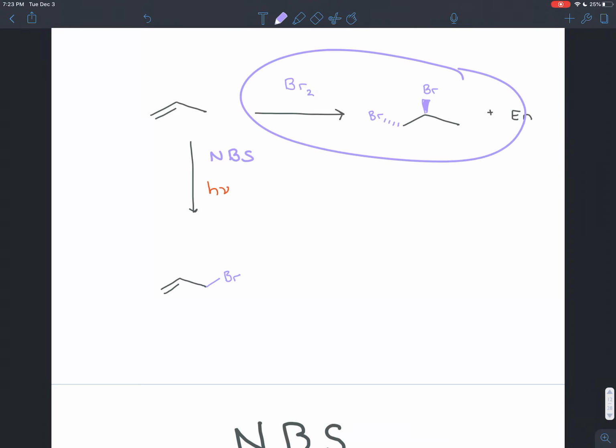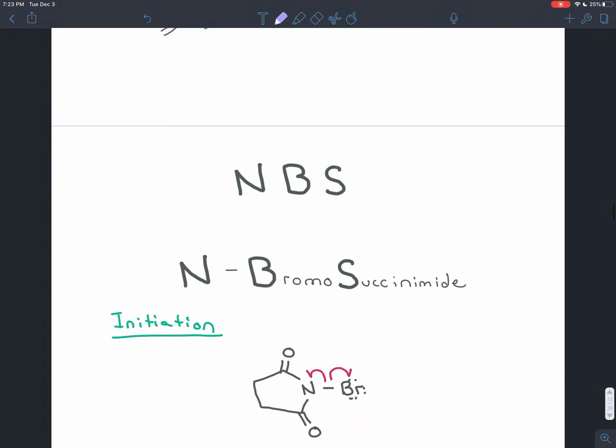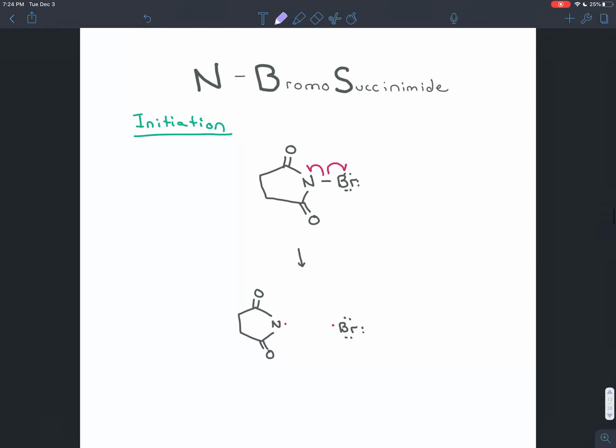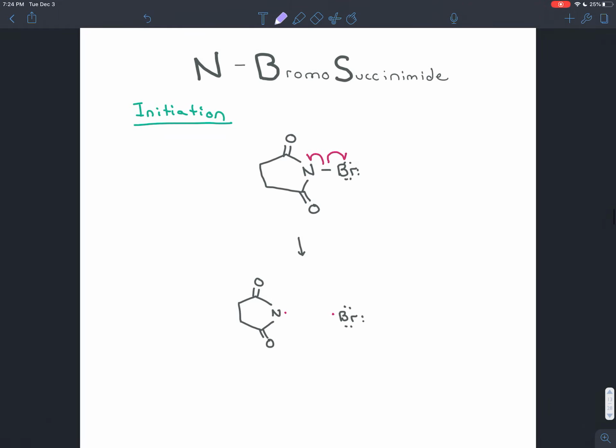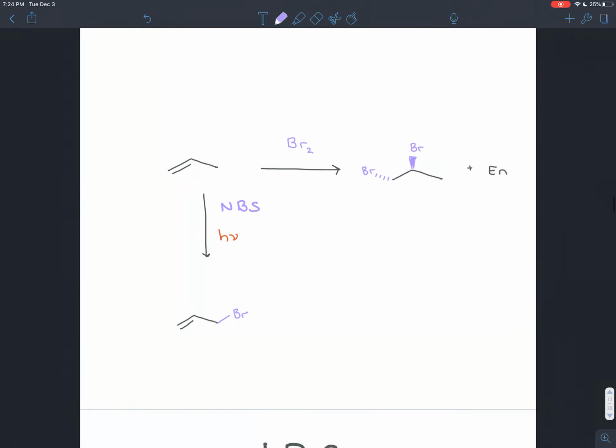You don't get the addition products so much anymore. So that's what NBS is, N-bromosuccinimide. It's a source of bromine radicals, and it's really useful because it allows you to form allylic radicals without competing addition reactions. So allylic radicals rather than the addition products.